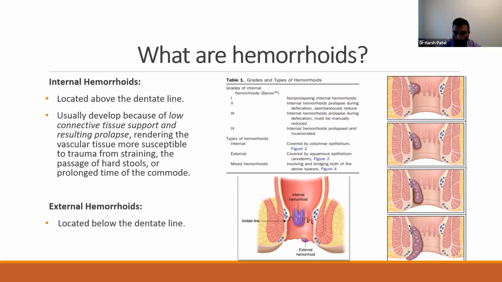So when you see a colonoscopy report or a note that describes the grades of hemorrhoids, that's basically what we're describing. And one thing to keep in mind, if you have an internal hemorrhoid that's prolapsing out and you can't push it back in, that would be a grade 4. Whereas a grade 3, you can actually manually reduce the hemorrhoid back into the rectum. And it's freely mobile essentially.